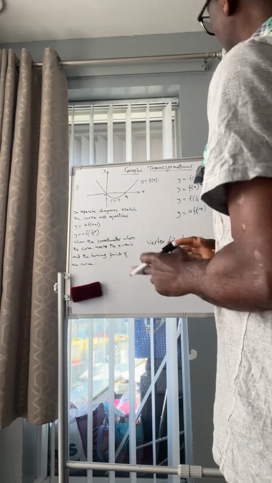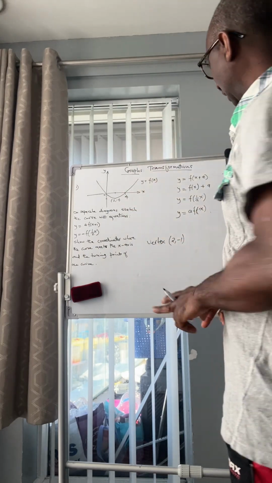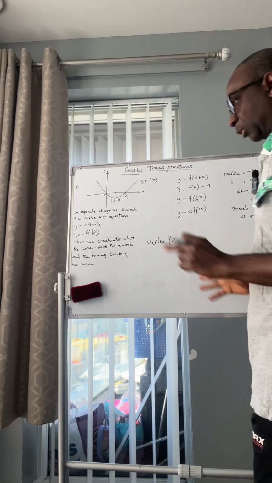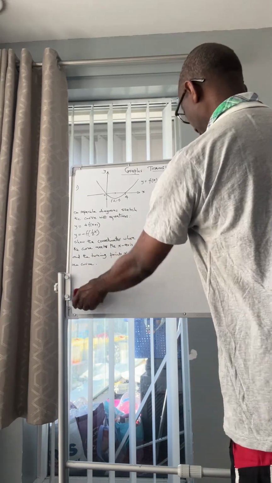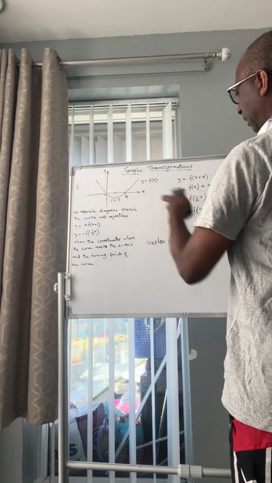It could be on the positive side, it could be on the negative side of the graph. But this is the vertex, the turning point of the graph. So here we have it, x is 2 and y is minus 1.